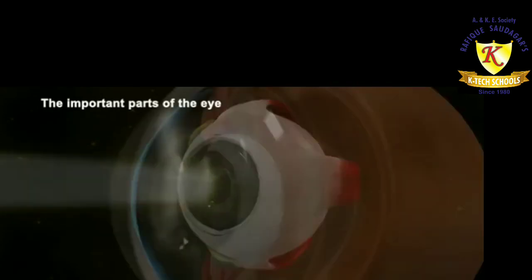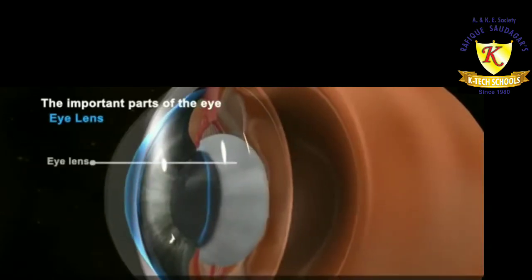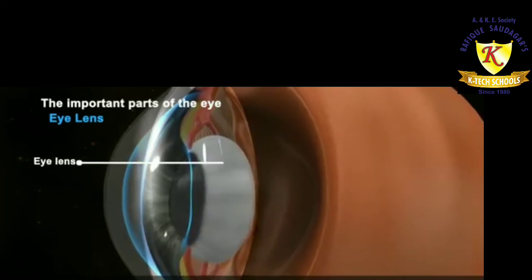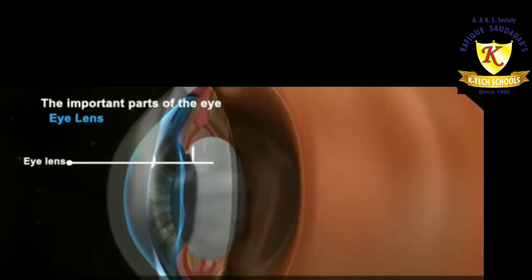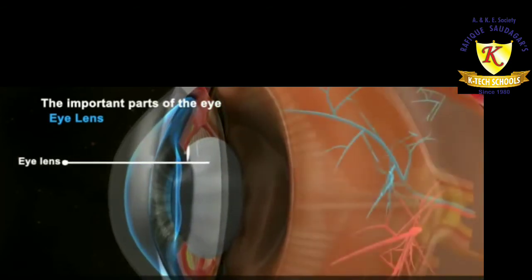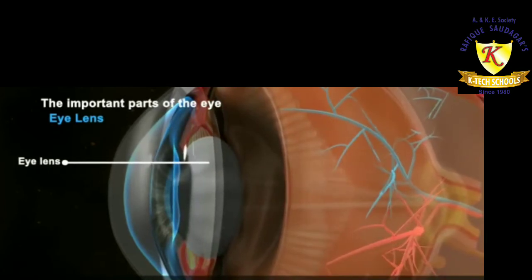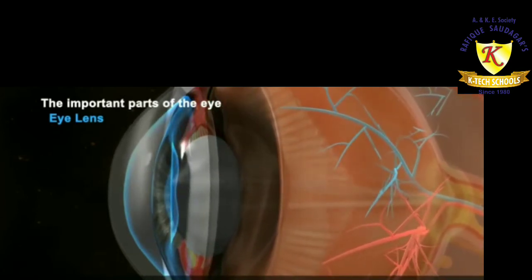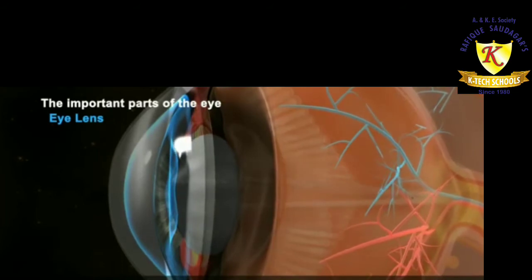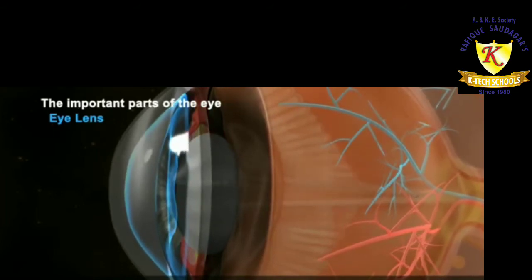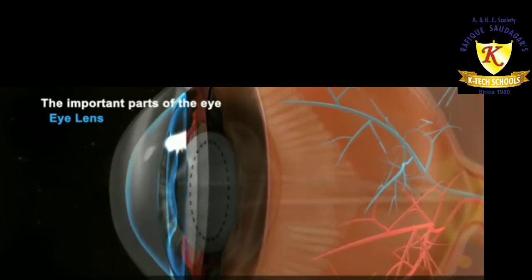Eye lens. The eye lens is a convex lens made of a transparent jelly-like proteinous material. The eye lens is hard at the middle and gradually becomes soft towards the edges.